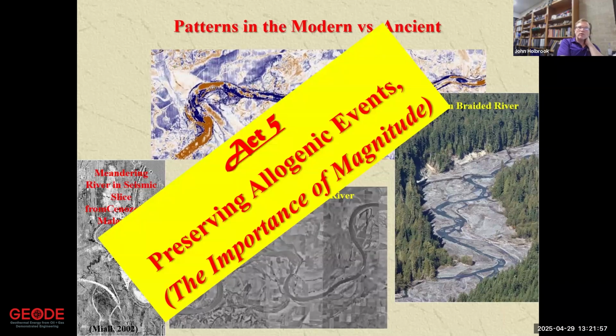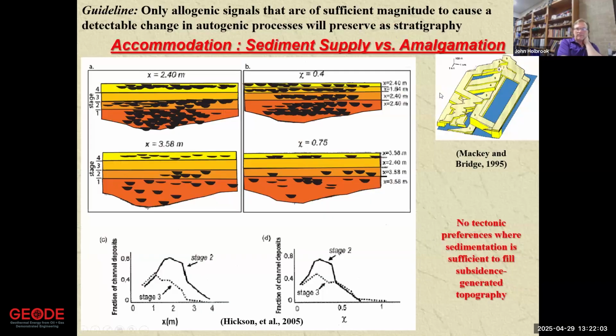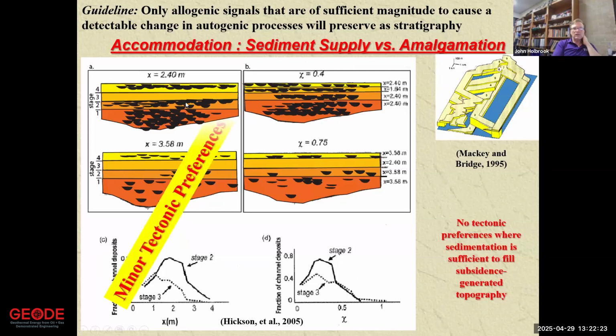So, in terms of whether an event is going to cause us to make a stratigraphic reservoir, first off, it's got to be big enough. Not everything that happened in the past is going to preserve. For instance, if you have channels pouring down a tectonic basin and you create subsidence, you might see the rivers clustering towards the low spot.